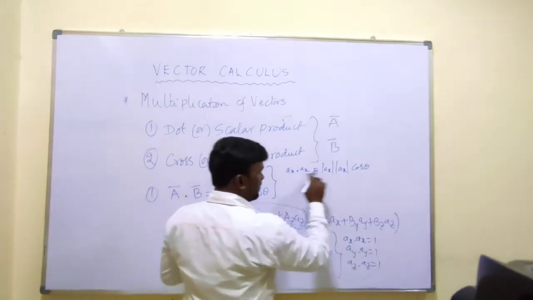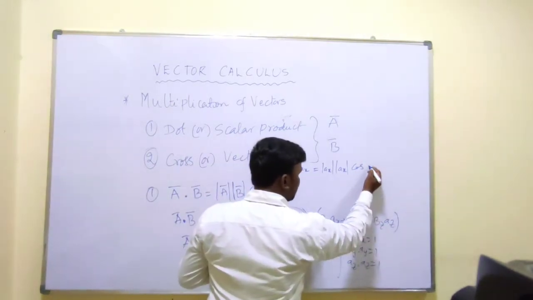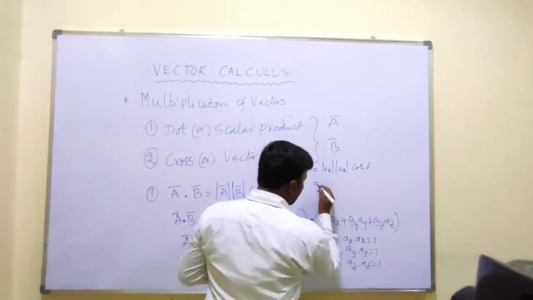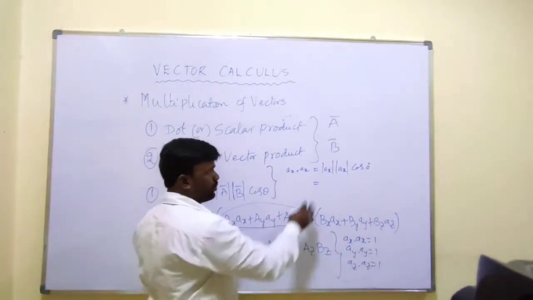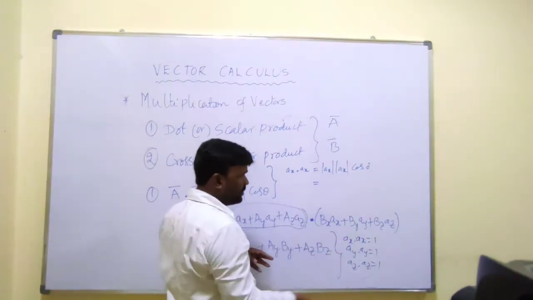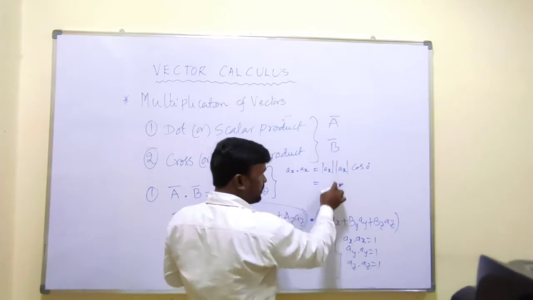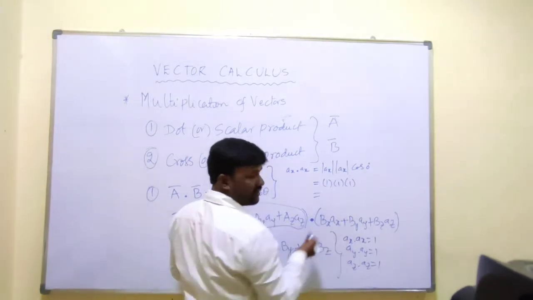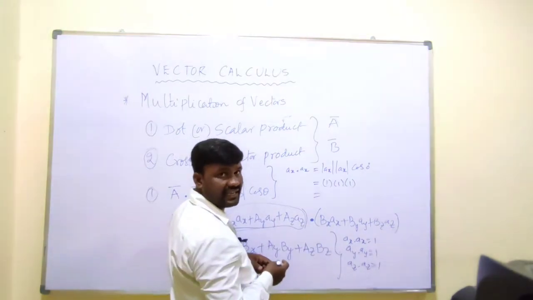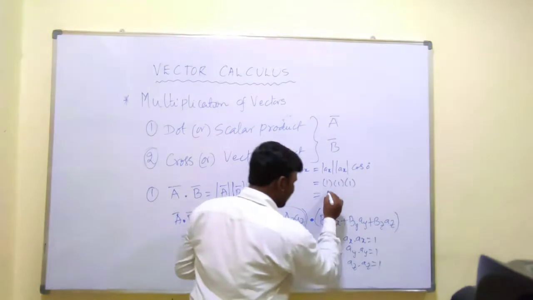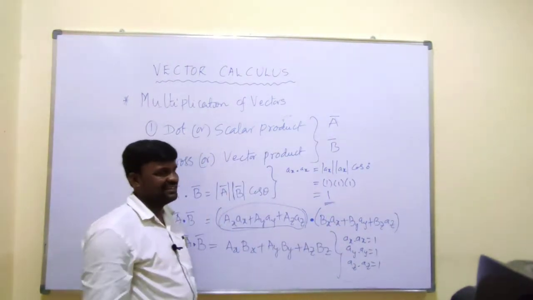What is theta? The angle between i and i is 0 degrees. Same vector. Both are moving along the same direction, so the angle between them is 0. The magnitude of unit vectors is 1. It is 1, it is also 1, so that is 1 into 1 into cos 0, which is 1. It is only 1.